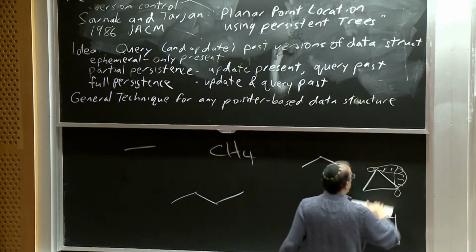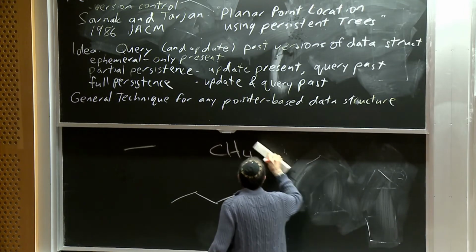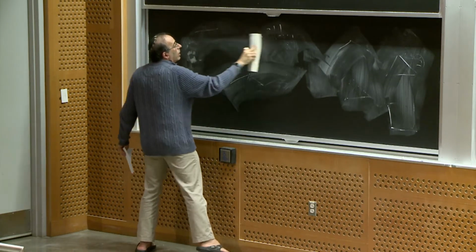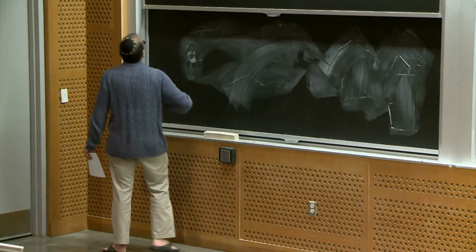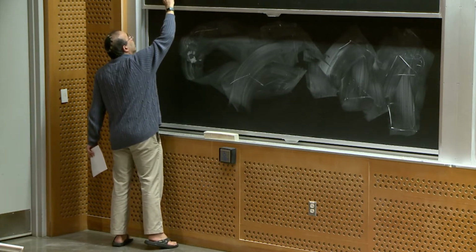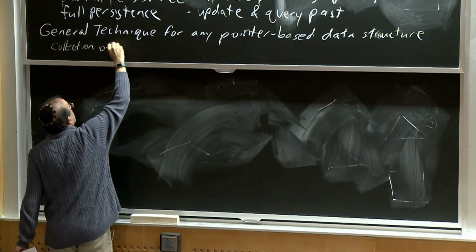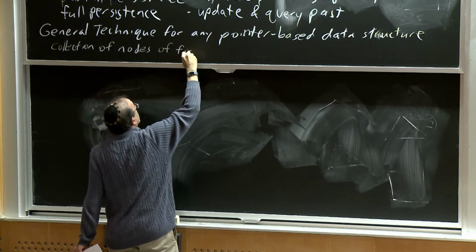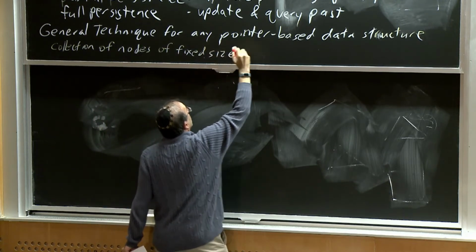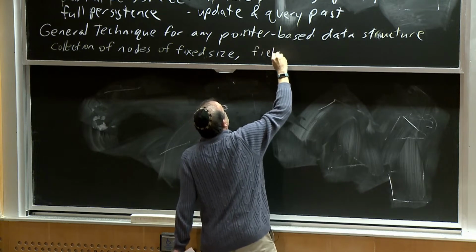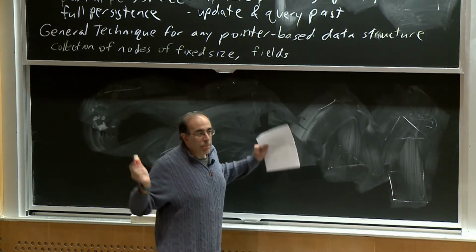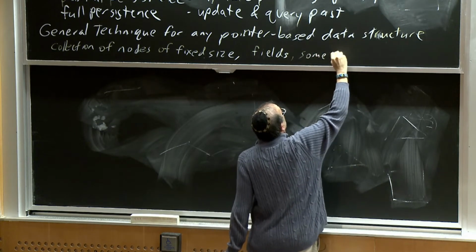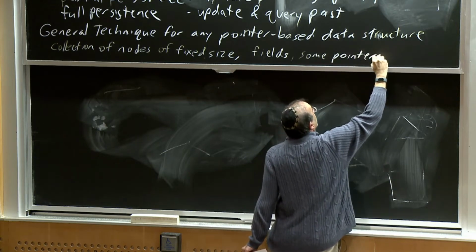If you think about our data structures, our trees, graphs, heaps, search trees, and so forth, essentially what you have is a collection of nodes which are of fixed size with fields, some of which are values, keys, or numbers that you want to put into the data structure. Some of those fields are pointers to other nodes.